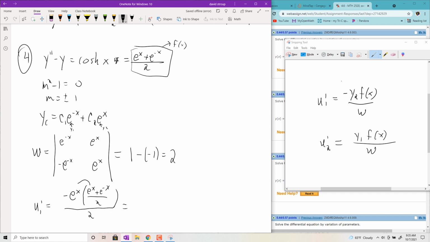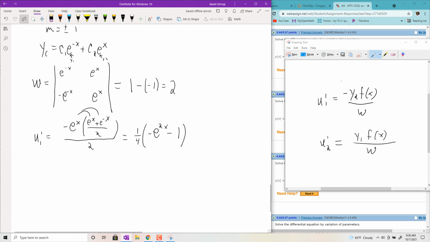Rewriting that, distributing, the constant will be 1/4. Pull 1/4 out, and then I have negative e to the 2x minus just 1, since e to the x times e to the negative x, adding the exponents, x minus x is 0, so e to the 0 is 1.